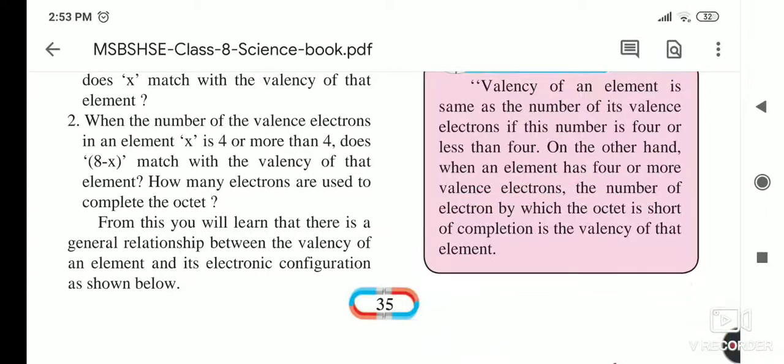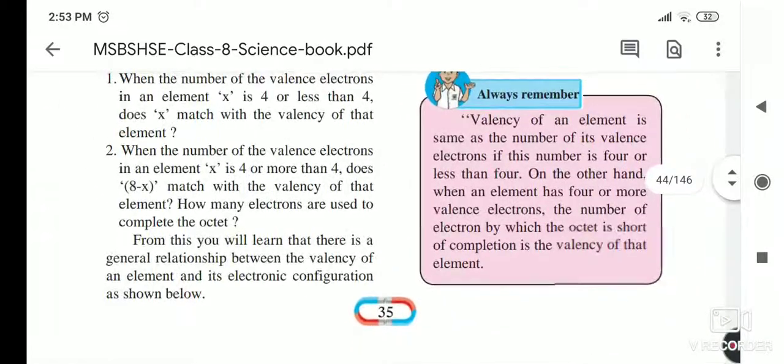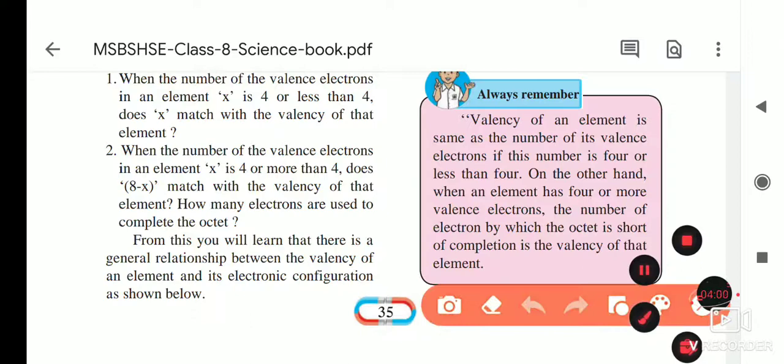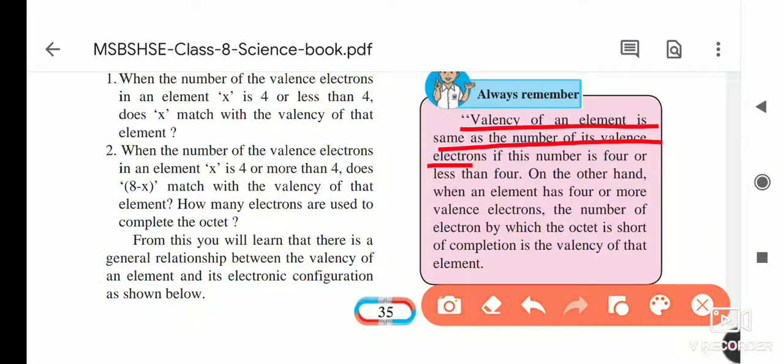Next, the valency of an element is the same as the number of its valence electrons if this number is 4 or less than 4. On the other hand, when an element has 4 or more than 4 valence electrons, the number of electrons by which the octet is short of completion is the valency of that element.